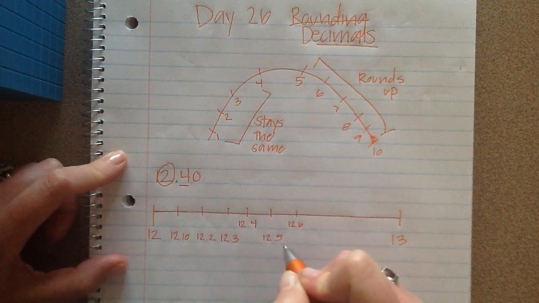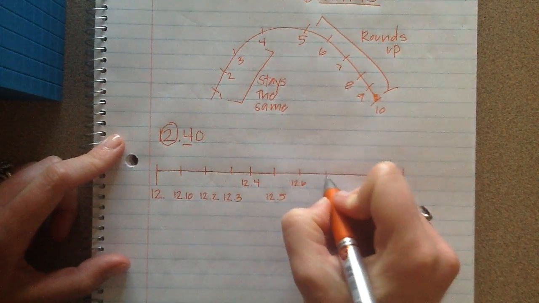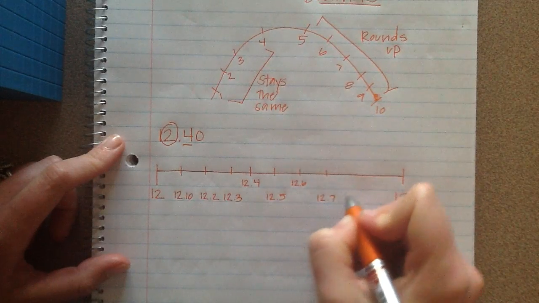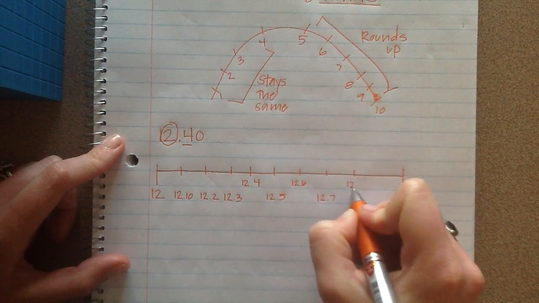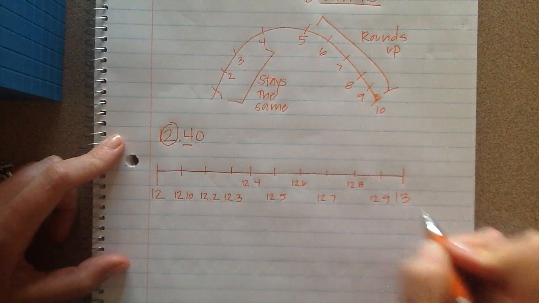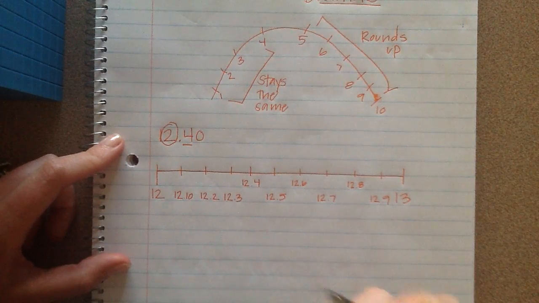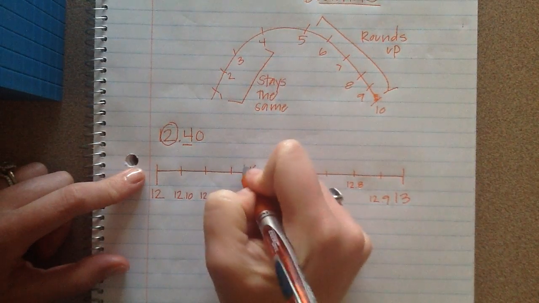And the reason I'm going up and down is just so I have a little bit more space and it's easier to read. 12 and 7 tenths, 12 and 8 tenths, 12 and 9 tenths.